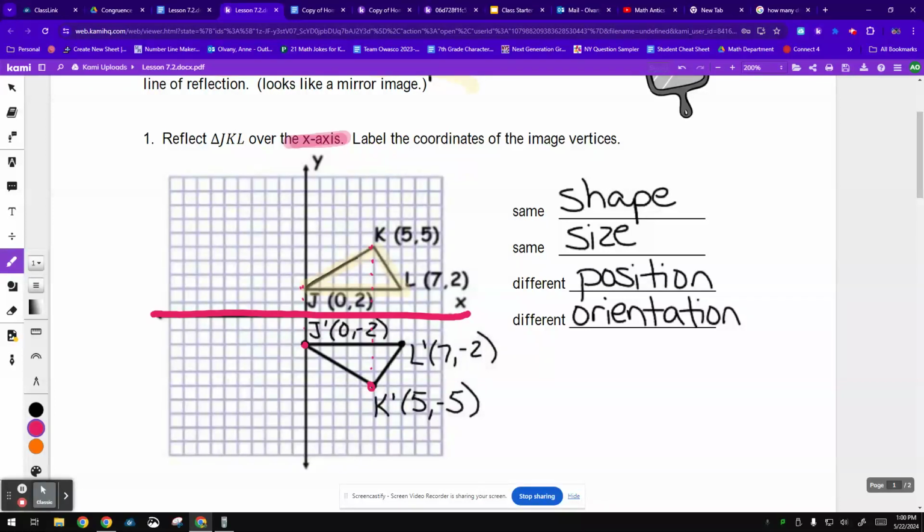Then I'm going to take L and count to my line of reflection. 1, 2, and 2 on the other side gives me L prime. That's the point 7, -2. So if you don't have that triangle drawn right now, please go ahead and draw it. Now that you know how to get those points, you're counting down to the line of reflection. If you're confused, just raise your hand.